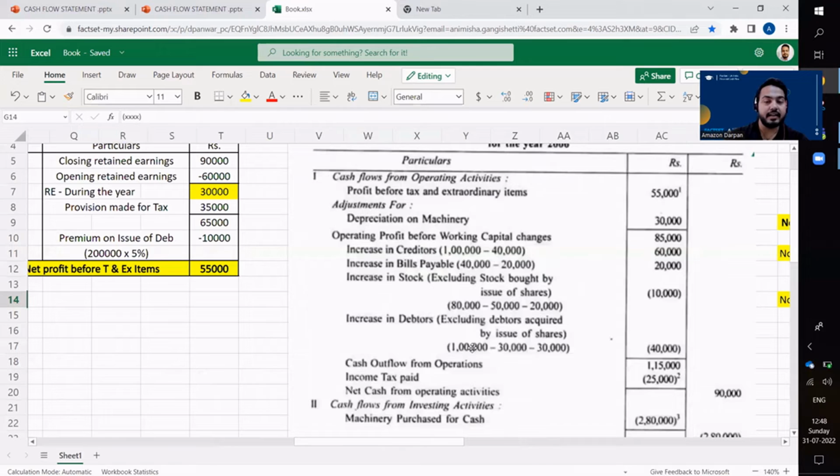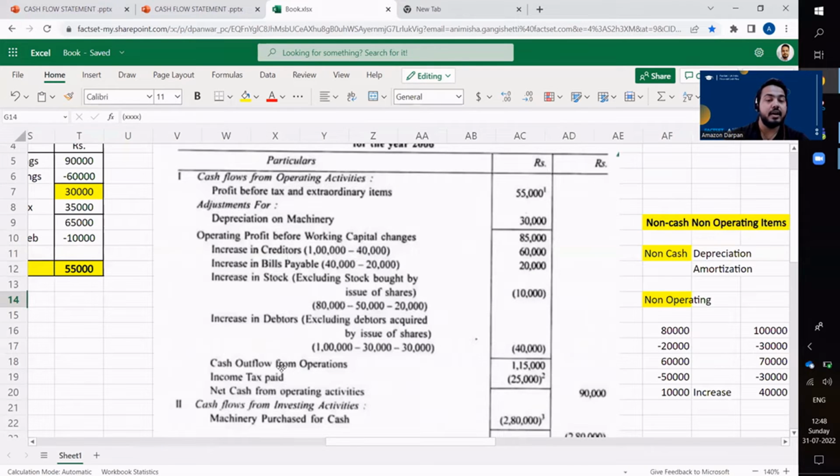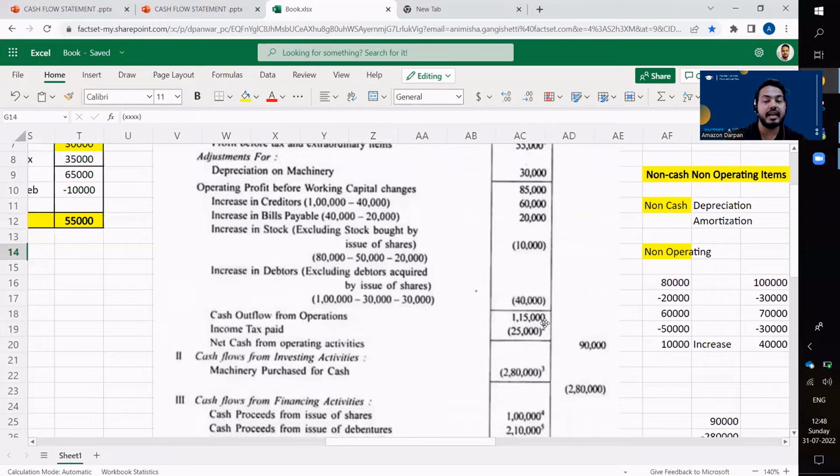And then when we look at our sheet, now we have actually arrived at the point of cash outflow from operations. Means this was the amount which we have actually received, 1,15,000. Whenever the balance is positive, it's the receipt part.